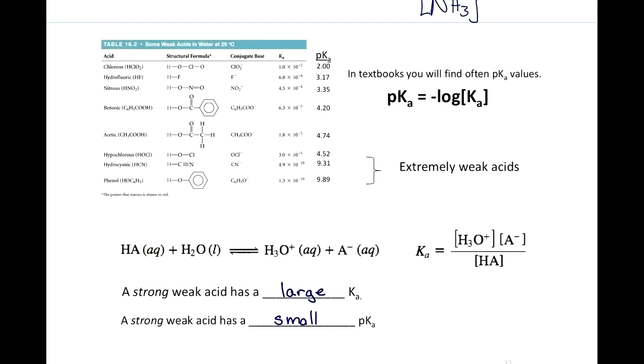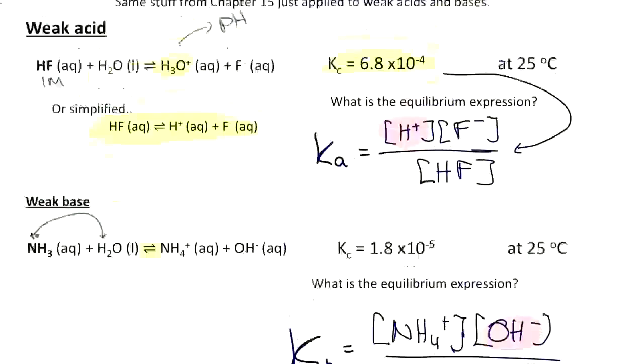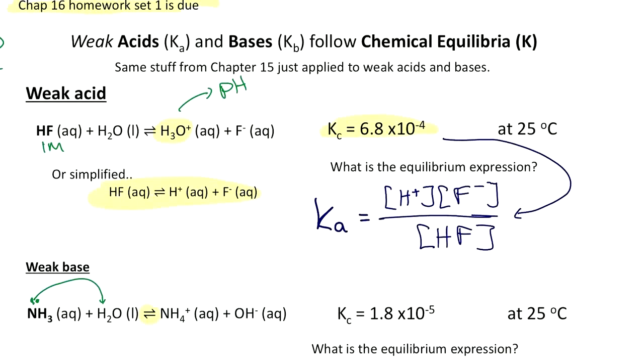Like I mentioned, you can look up Ka and Kb values for any acid and base. Their magnitudes have meaning. If we look at HF, K is pretty small for this acid, like times 10 to the negative 4.